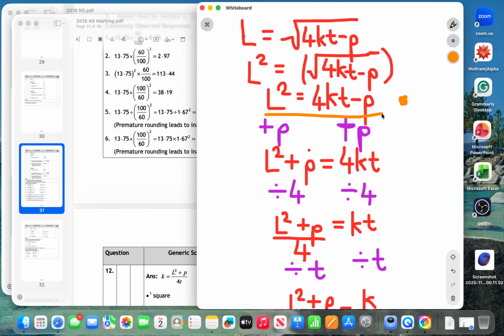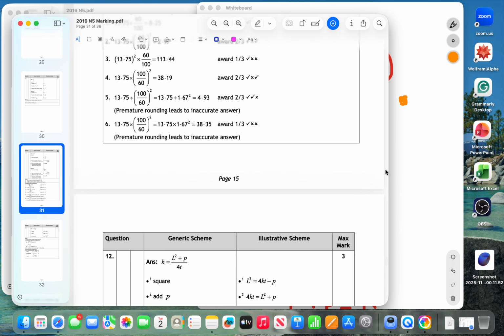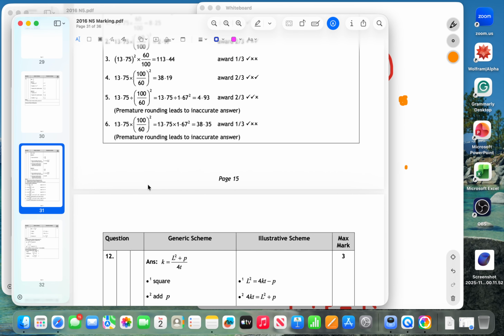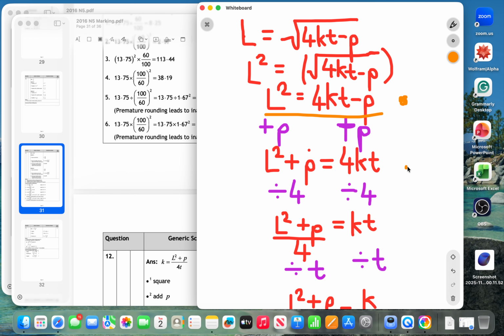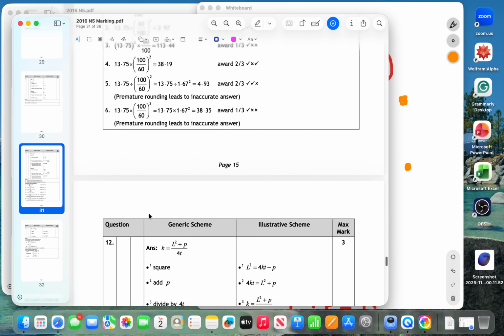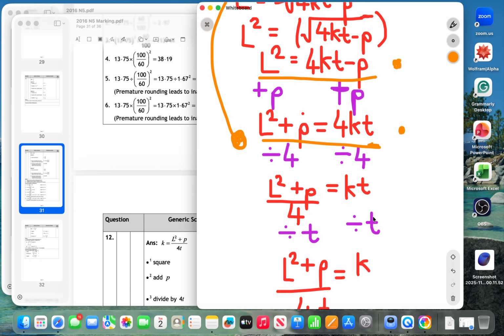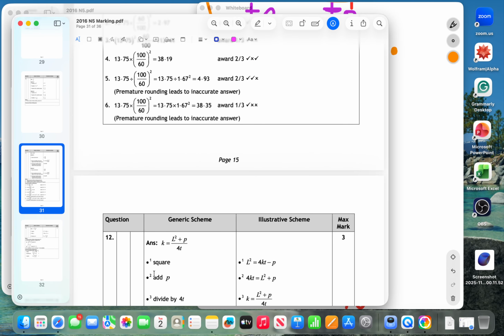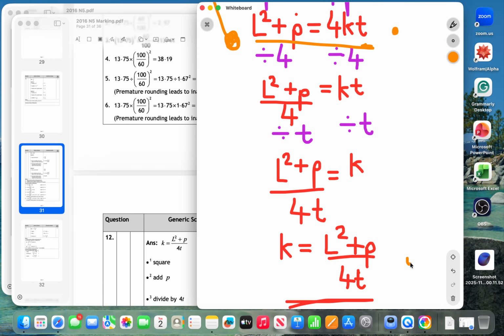Then adding p to both sides would be the next mark, so this gets the second mark. So everything up to this point is 2 marks, and then you divide through by t and by 4, and the final answer would get you the last mark.